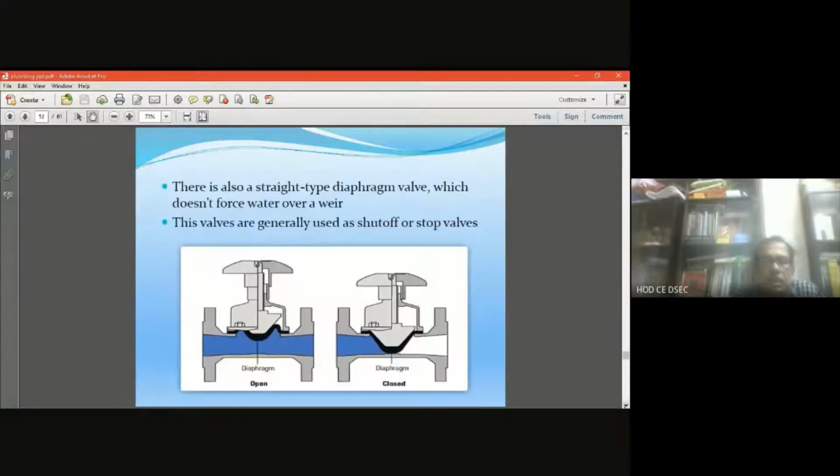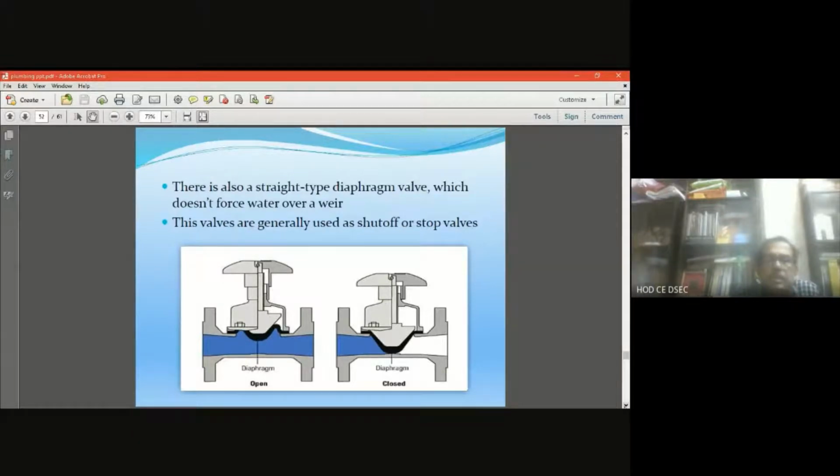Let us see the diaphragm. Now there is also a straight type diaphragm valve which does not force water over a weir. The reason for the straightness is that it will not create a force over a weir.